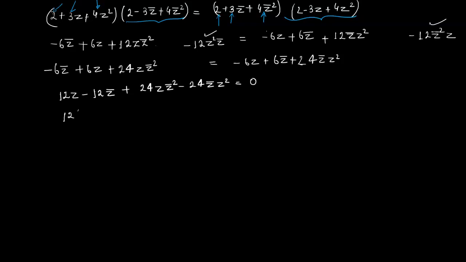So let me take 12 common here. Here also there will be common z z bar, and there will be z bar minus z equals 0. So we'll take minus, then the common part will be the same, z bar minus z. So we have two product forms, minus 12 plus 24 z z bar.